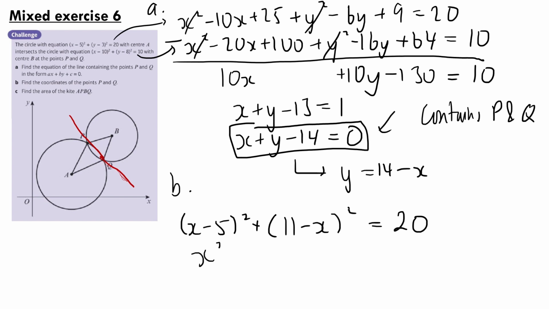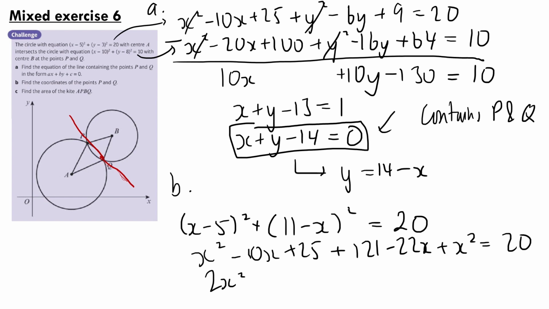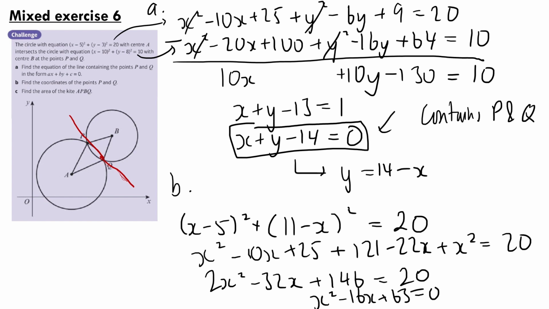So we get x² - 10x + 25 + 121 - 22x + x² = 20, so 2x² - 32x + 146 = 20. Taking the 20 onto the other side and dividing everything by 2, we get x² - 16x + 63 = 0, since 126 divided by 2 is 63. We can factorize this to get (x - 7)(x - 9) = 0, so x = 7 or 9.